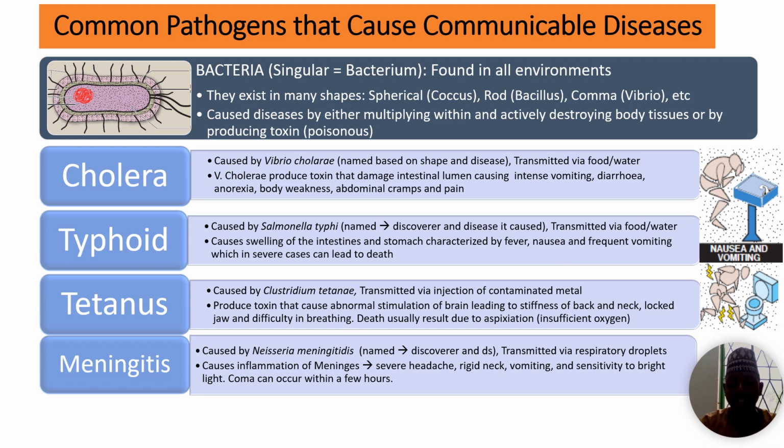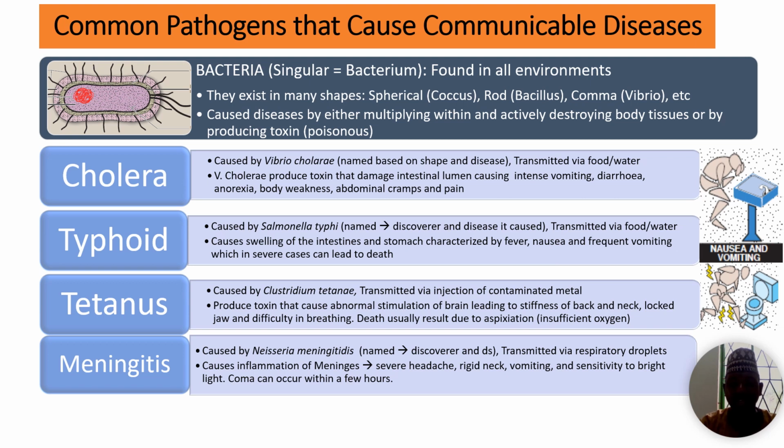If untreated, the pathogen can cross the blood-brain barrier, and then from there it can infect the membrane covering the brain, which is the meninges, leading to an acute inflammatory response that results in what is called meningitis.